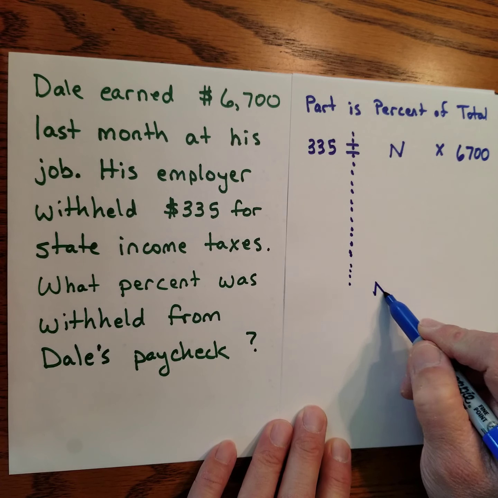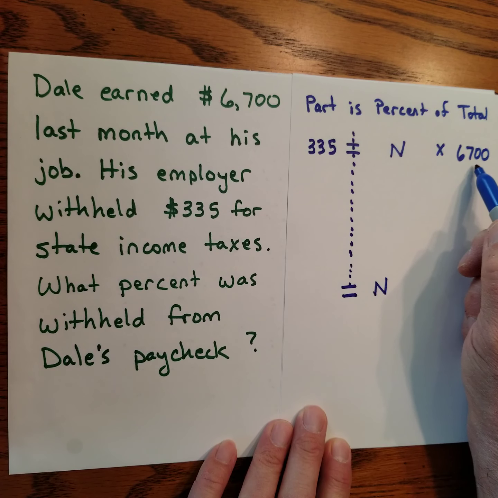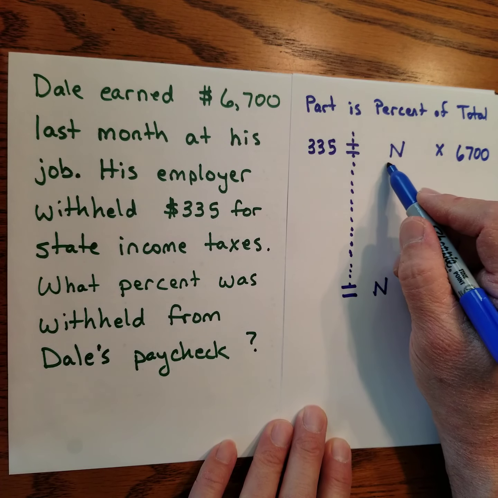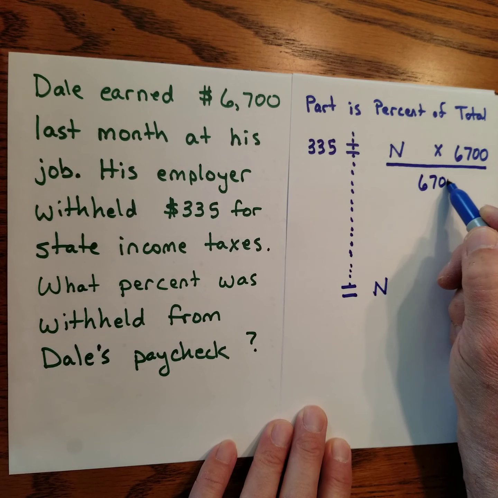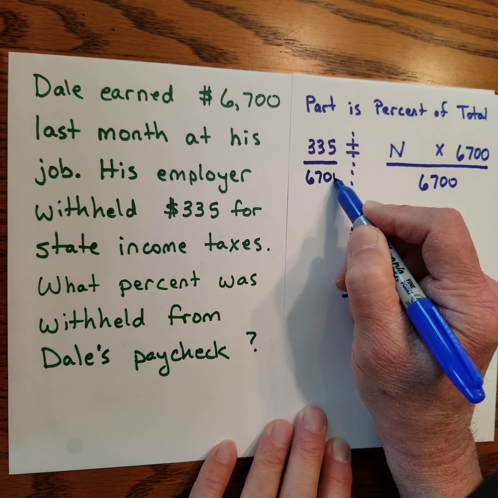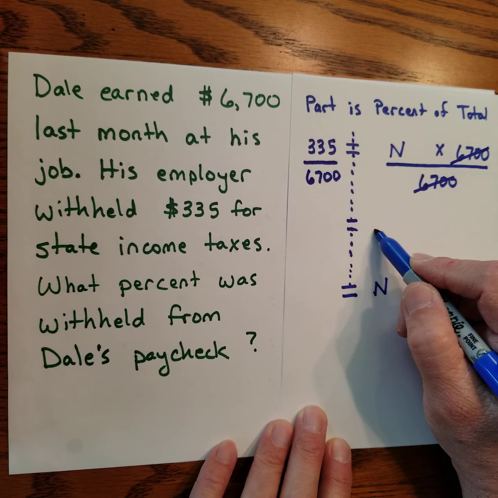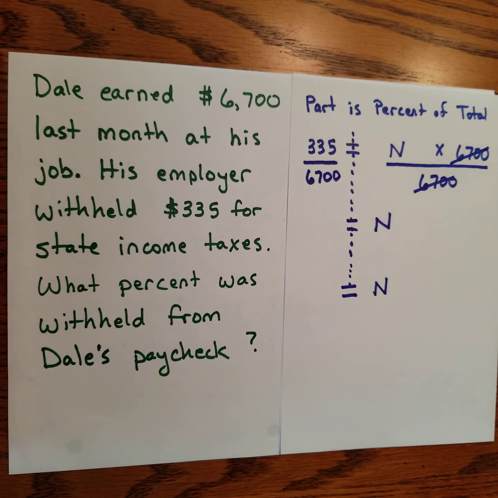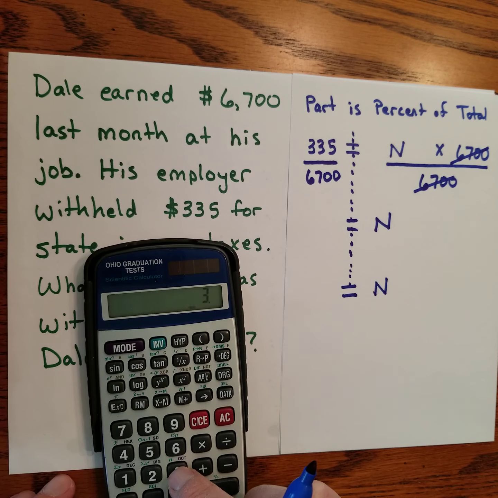If I want to know what n is, I must get rid of the 6,700. The inverse of multiplication is division. All right, on your calculator, type in 335 first.